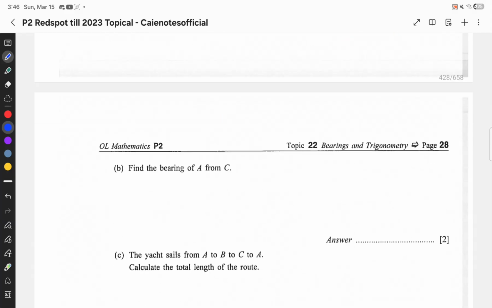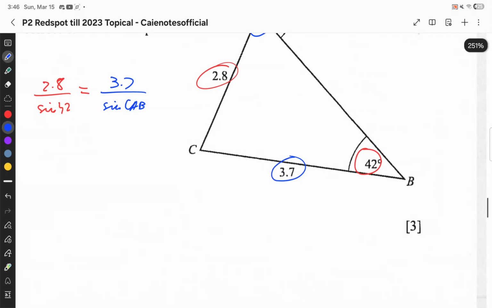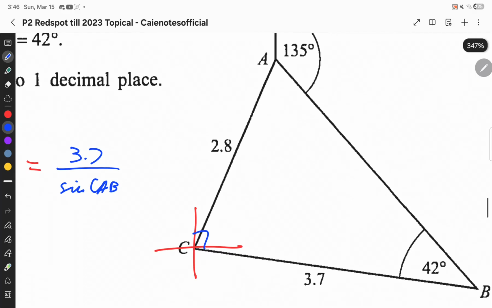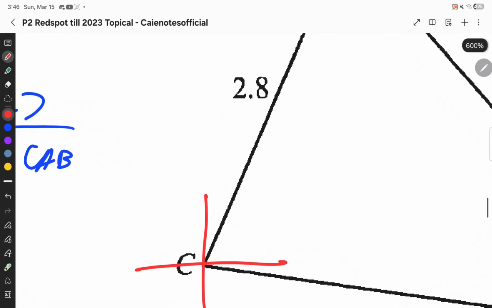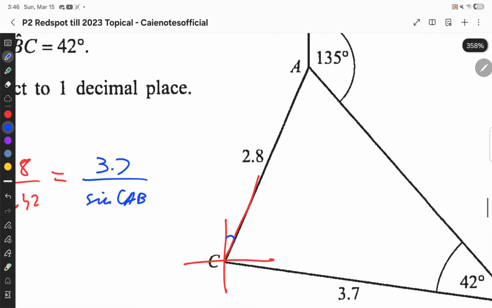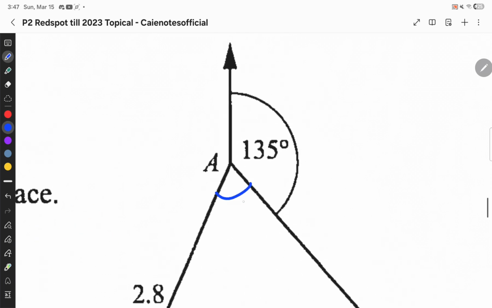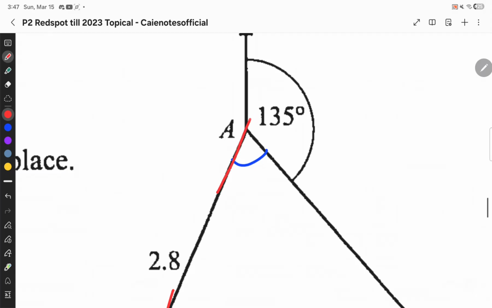Find the bearing of A from C. So from C we make a plus, and we go and mark the angle like so. So this tiny angle. How do you do this? We know we will need to use some kind of angles of a polygon to help us out. And yes, you are right, we make a perpendicular down here.